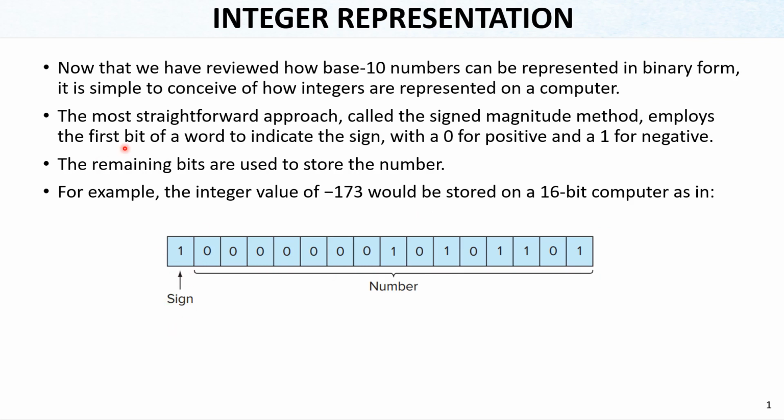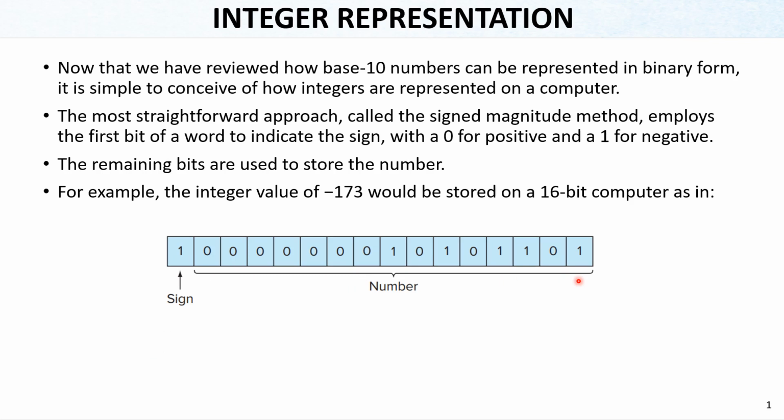The first bit is the sign, and the rest shows the number in base 2 system. For the sign, 0 is positive and 1 is negative. Here, for example, it's 1, which means it is negative.